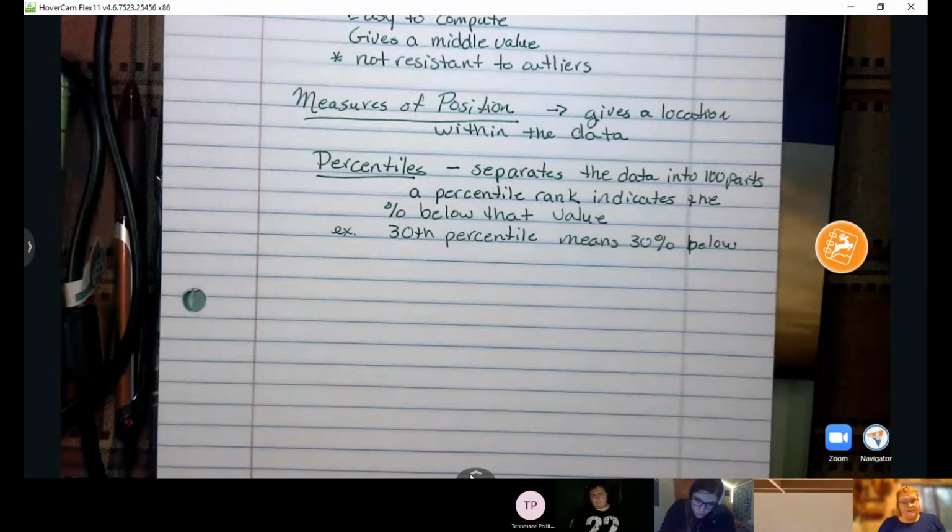So if you have 30th percentile, that means 30% below that.